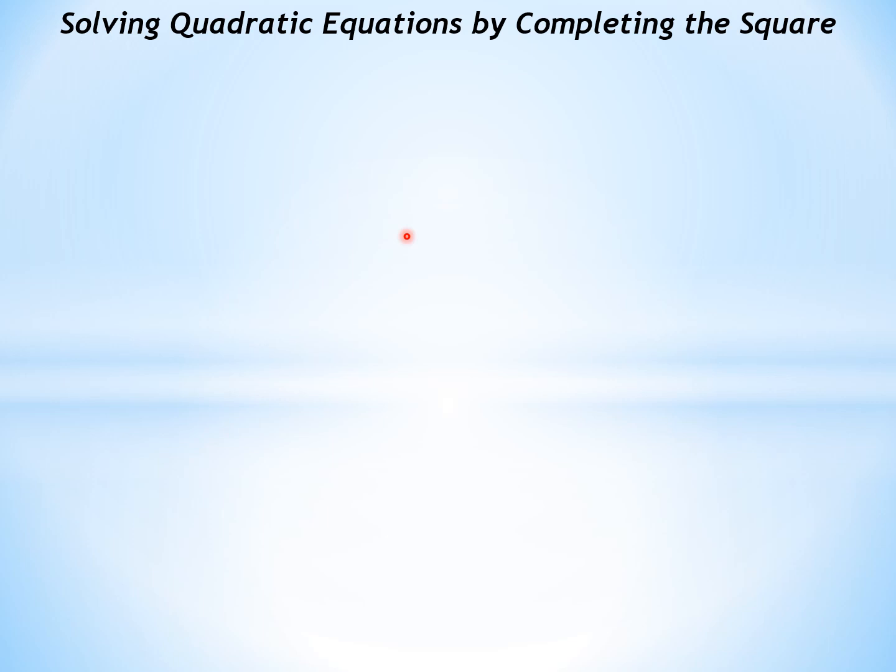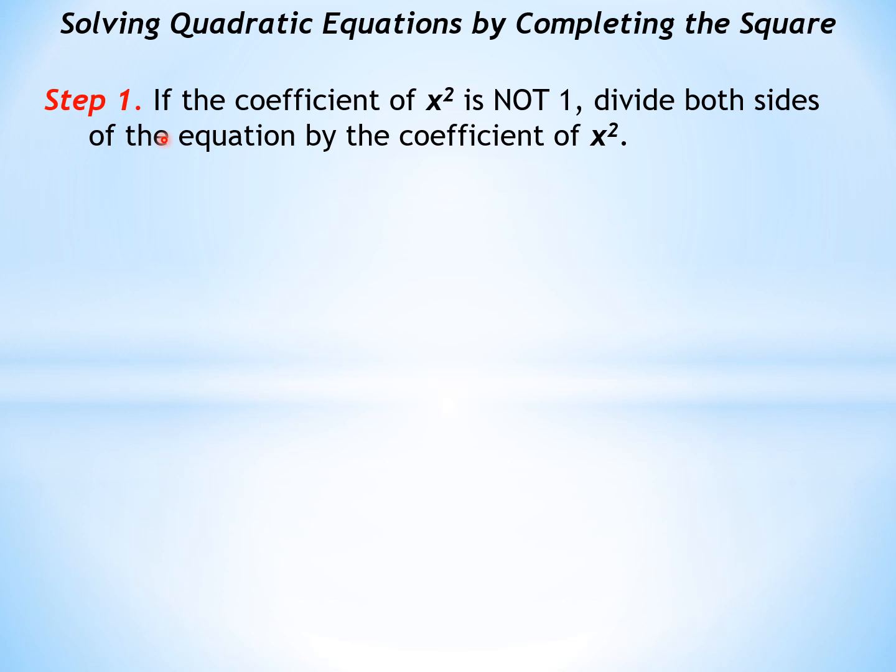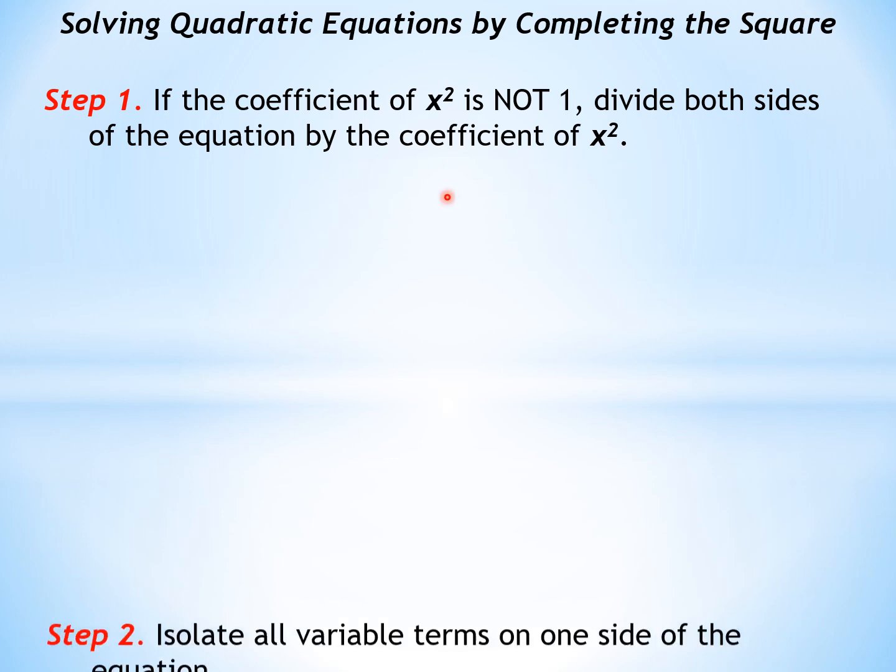Sa pag-solve ng quadratic equation using completing the square, mayroon siyang steps to follow. Number 1, if the coefficient of x squared is not 1, divide both sides of the equation by the coefficient of x squared. Kapag si a ay hindi 1, i-divide natin lahat doon sa equation ng a.